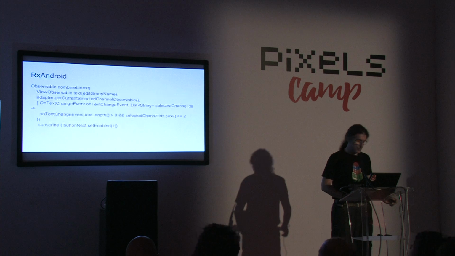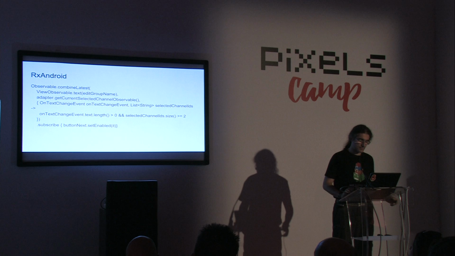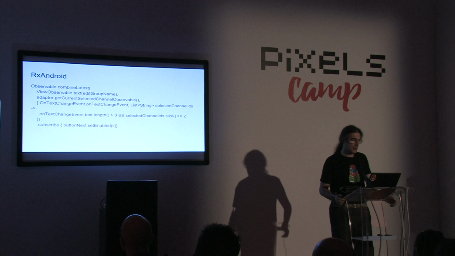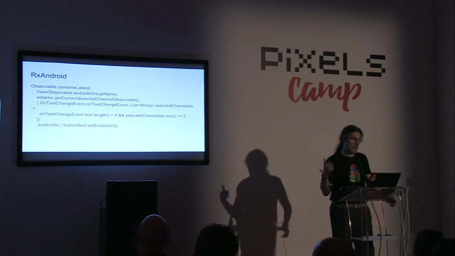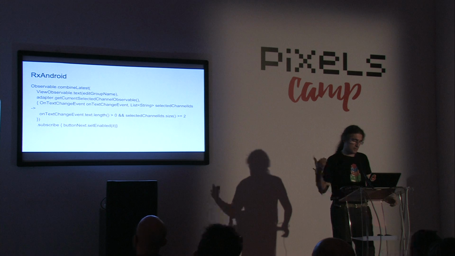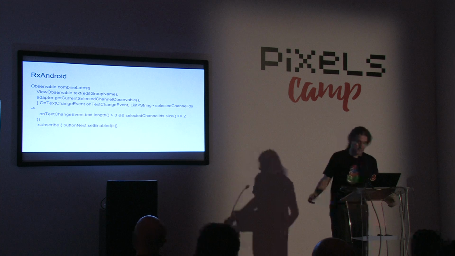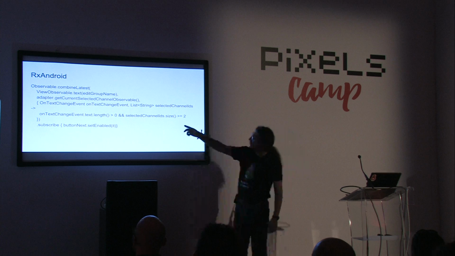So let's see more examples. You can create, of course, your own observables, but chances are that most of them are already created for you. And the RxAndroid library that we use on Android has some convenience methods, like we see here, the ViewObservable text.